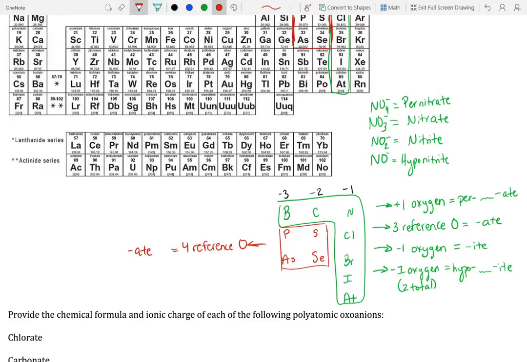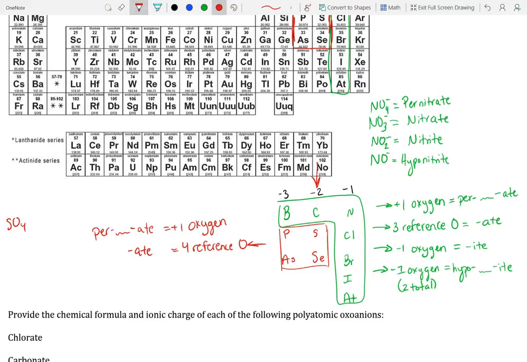Now, let's say you wanted to add an oxygen to this. So +1 oxygen. What does this mean? You add the prefix per, you say whatever, and then you keep the suffix ate. So let's take sulfate as our little example that we're going to carry on here. SO4, and what's the charge? Well, you see that sulfur's right here, inside the -2 column.